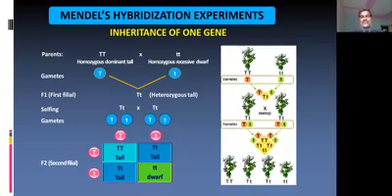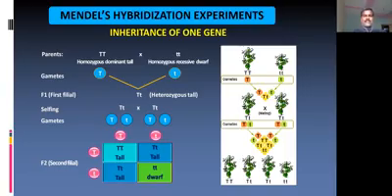But you can see in this table, capital T capital T is there in one place, capital T small t is there in 2 places, and small t small t is there in one place. Now what does this conclude?